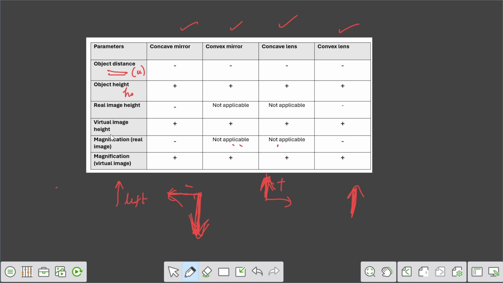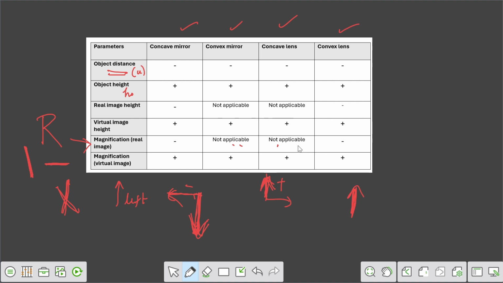Here I'll give you a shortcut. When you write R for real, for magnification, R, this tilt, so all minus. Here virtual, V, just extend this V, so plus. So all plus.